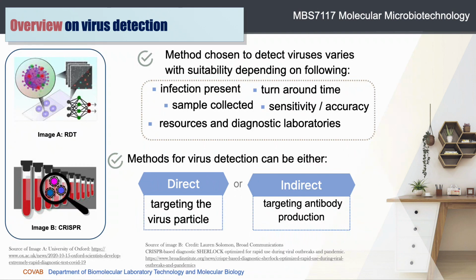Our methods for virus detection can be either direct, where we are targeting the virus particle, or indirect, where we are targeting antibodies produced by the host as a result of the virus infection.